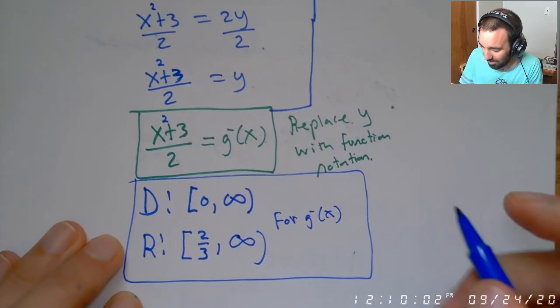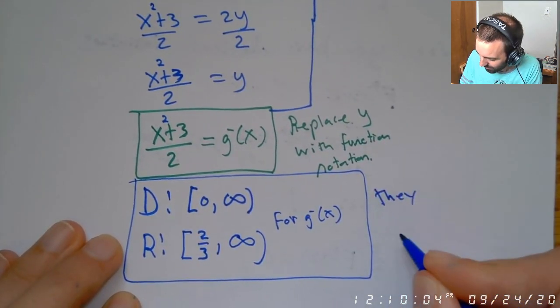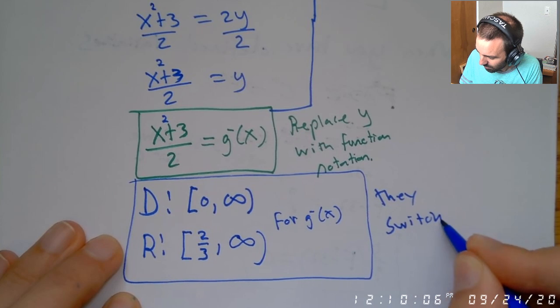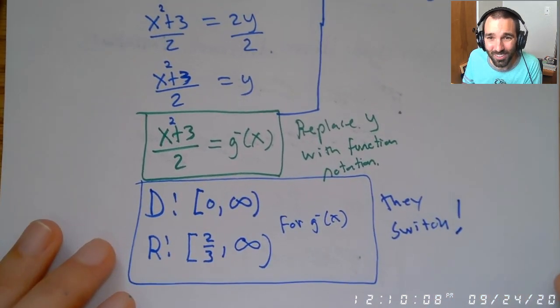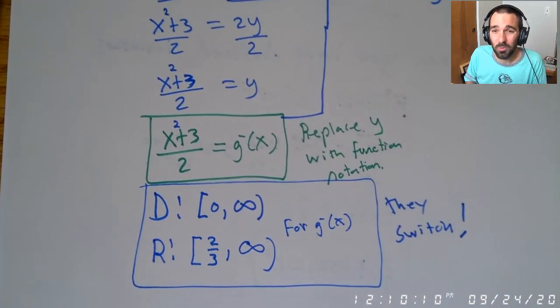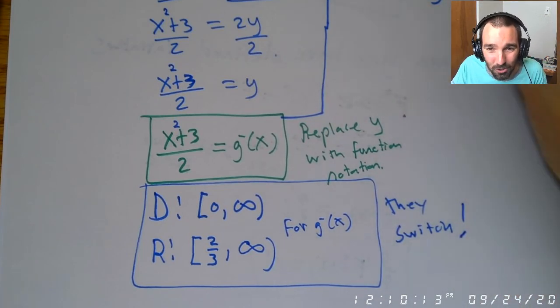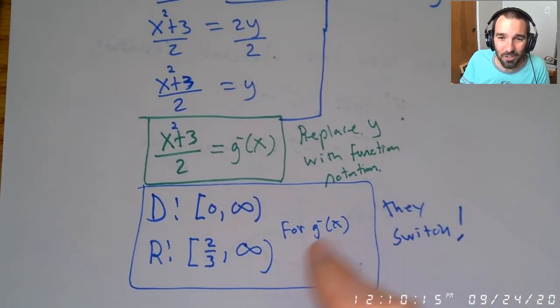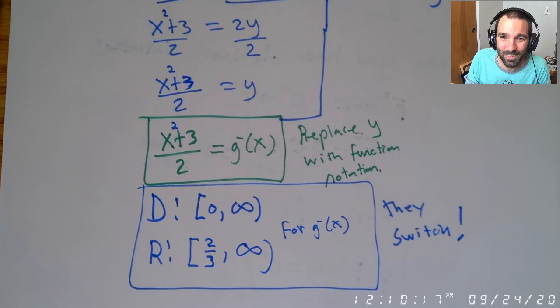Okay, they just switch. So that's really good news, right? Because if they just switch, if you put in all the time to get your original domain and range, then you're golden, you're set, you're ready to go. The x and y's just switch.